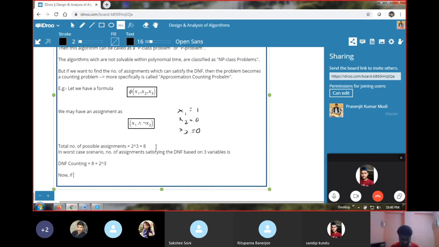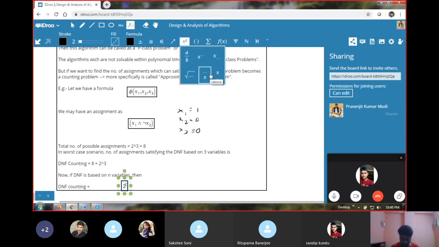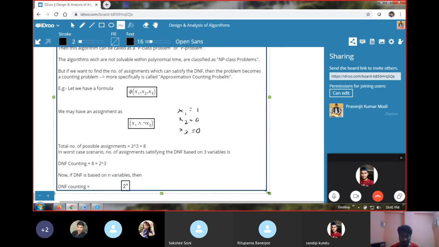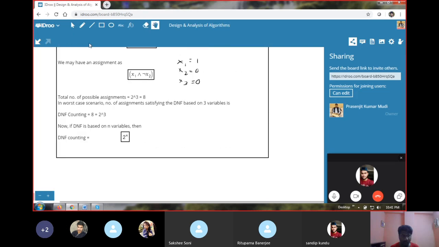Now, if the DNF formula is based on n variables, naturally DNF counting becomes equal to how much? 2 to the power n. Right, so 2 to the power n it becomes.